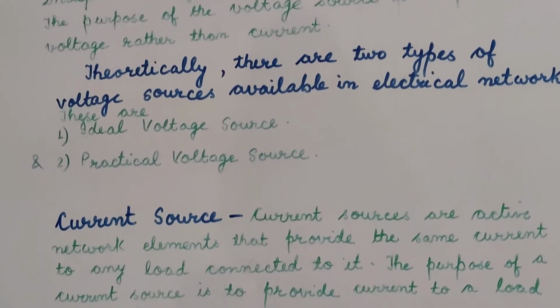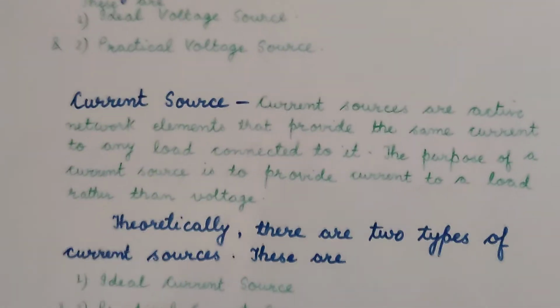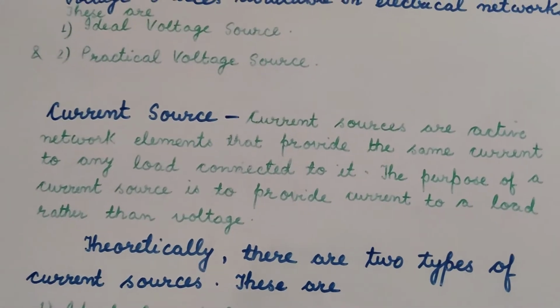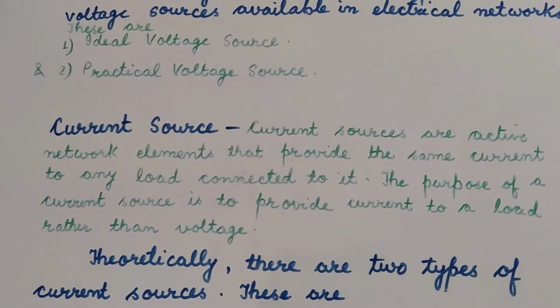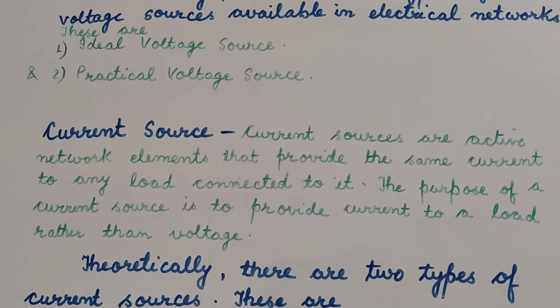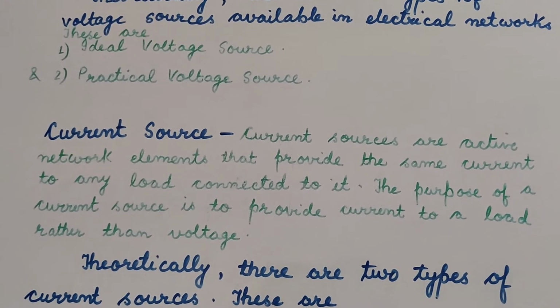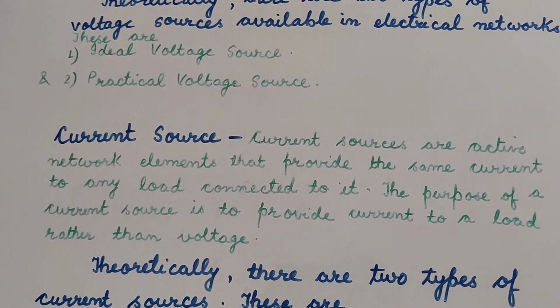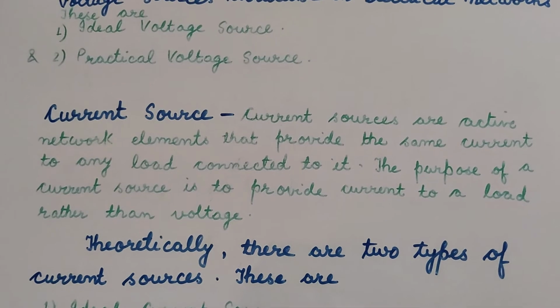Now we will see what do we mean by current source. The current sources are also active network elements, as we have seen earlier. So we can say that a current source is an active element which will provide the same, that is constant current to any load which is connected to it.